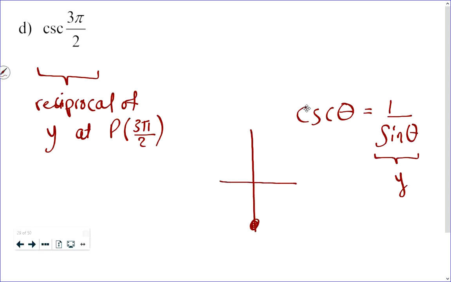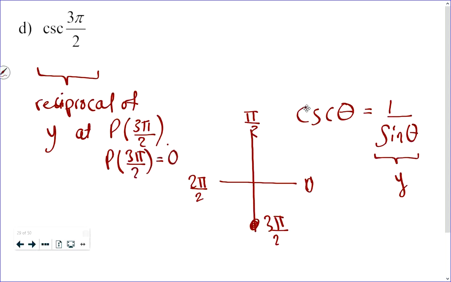So 3 pi over 2 on the unit circle, that's pretty easy. That's here. 1 pi over 2, or 0, 1 pi over 2, 2 pi over 2, 3 pi over 2. Well, the coordinates of that point are 0, negative 1. The y coordinate there is negative 1.